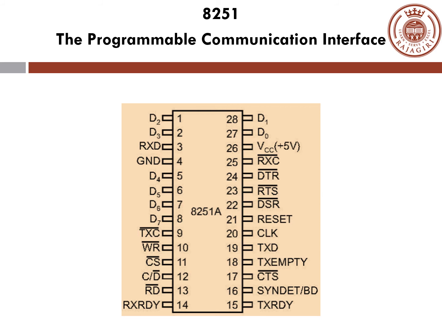Now that we have seen the basics of serial data communication, we will look into the 8251 programmable communication interface chip in more detail. In a previous slide, we have gone over the important data pins of the 8251 IC.